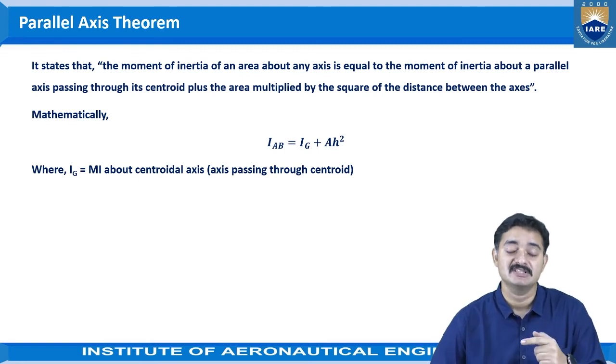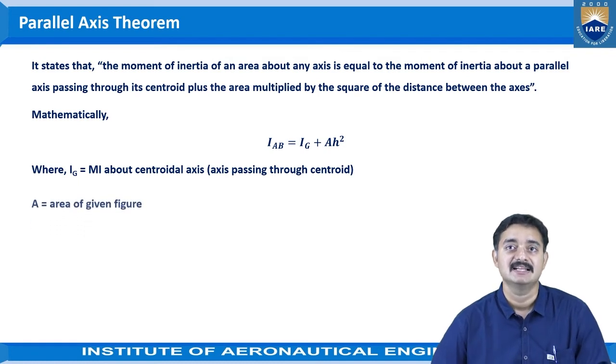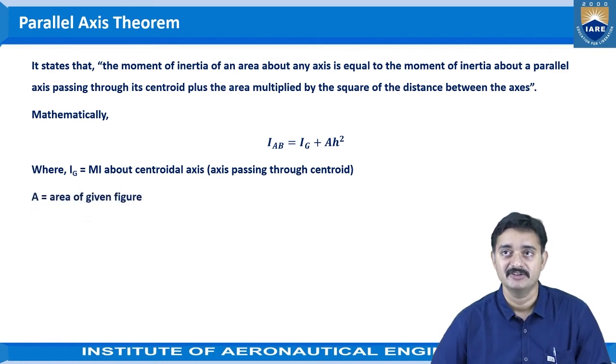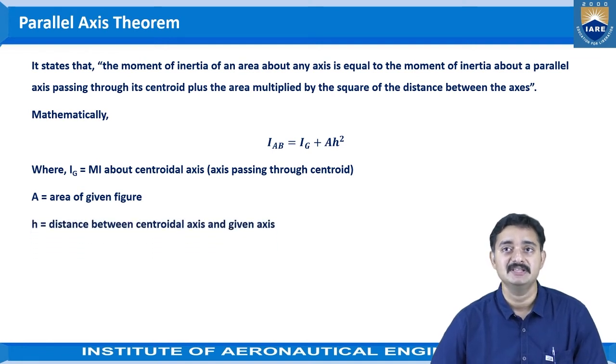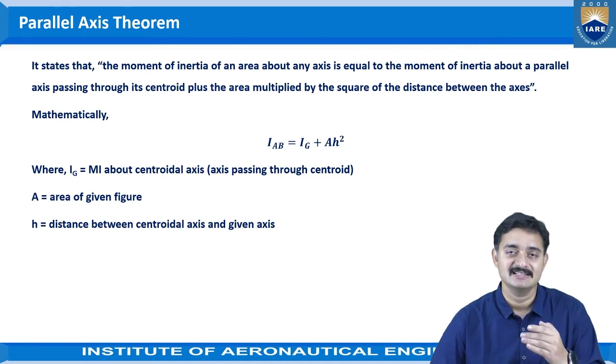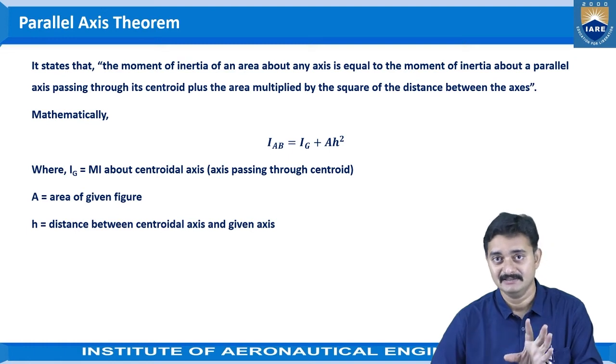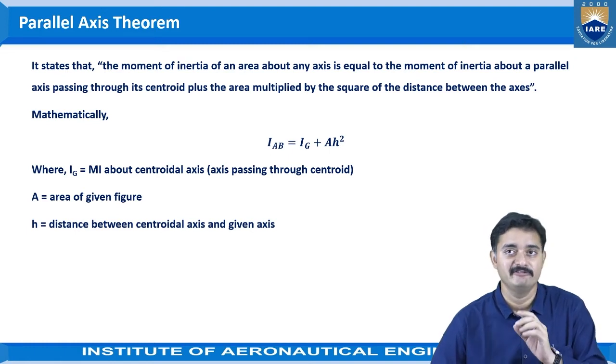So moment of inertia with respect to the centroidal axis is termed as IG. Then A is the area of the given figure, and H is the distance between the centroidal axis and the given axis. The centroidal axis is the axis which passes through the centroid of the object, and that centroidal moment of inertia value I will be knowing.